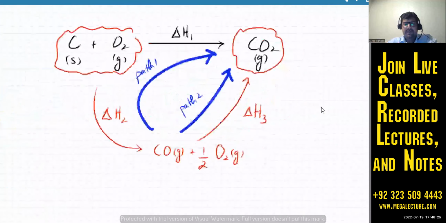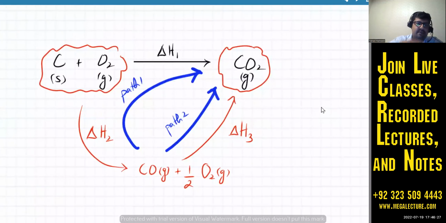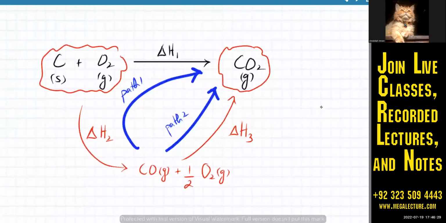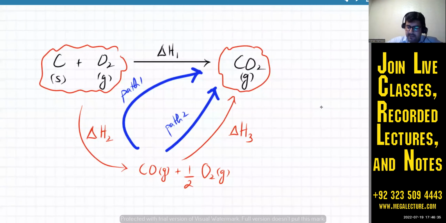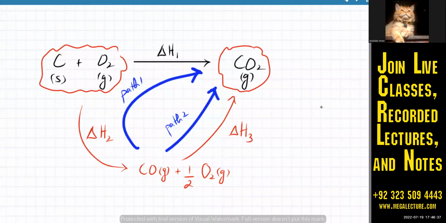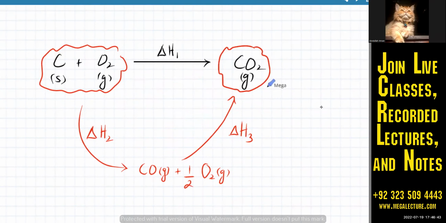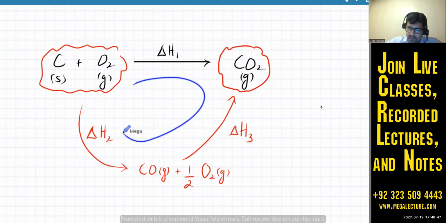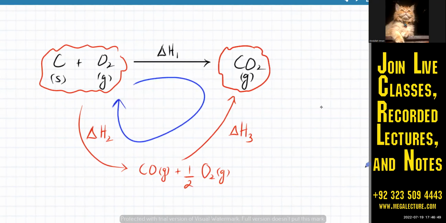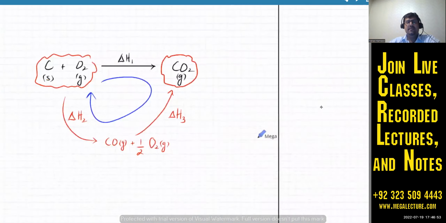Okay, what if I had this path? So what if I had this path, which is, I start here and I go the full circle and come back to the same point.